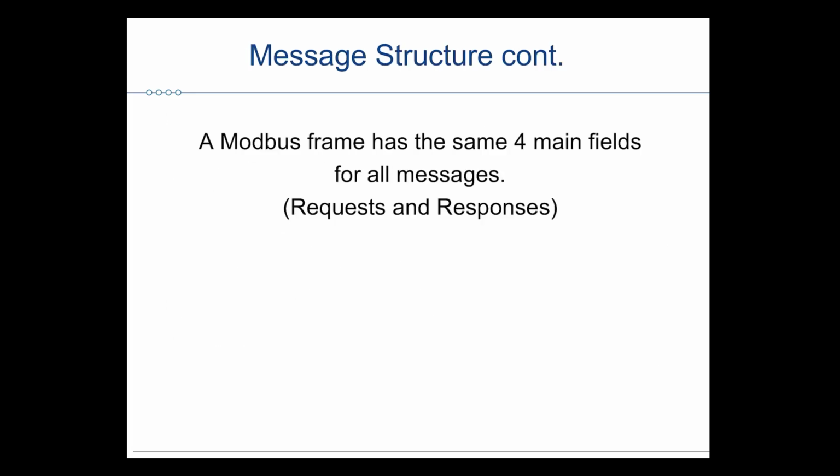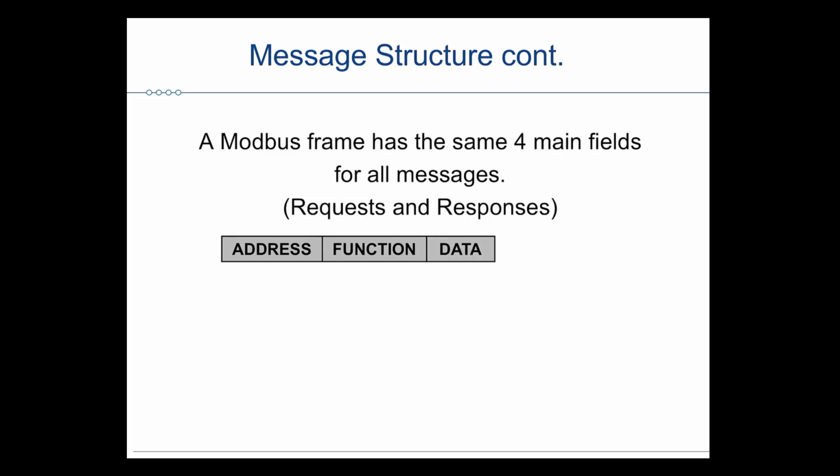So a Modbus frame has four main fields for all requests and all responses. So these four main fields are consistent between a request or response. They don't change. We can identify each of the fields in either a request or a response. The first one is the address. And the next one is the function or function code.